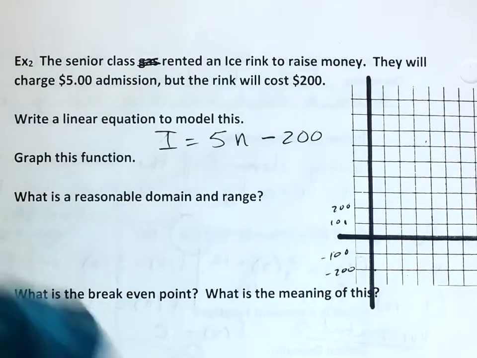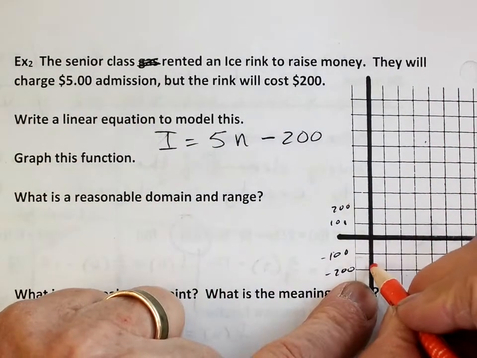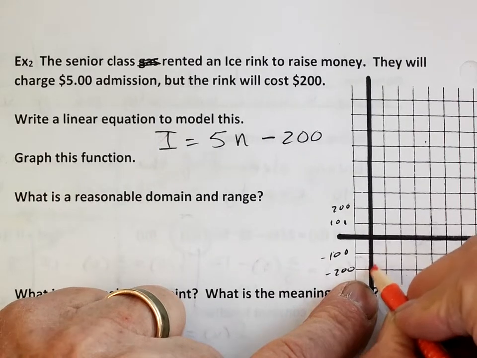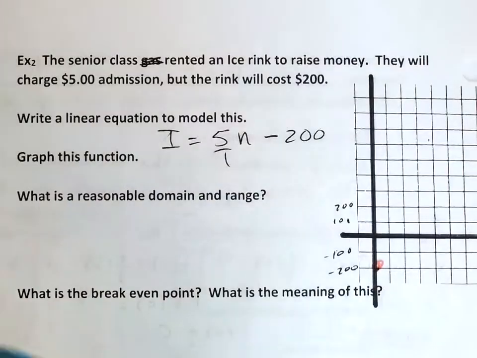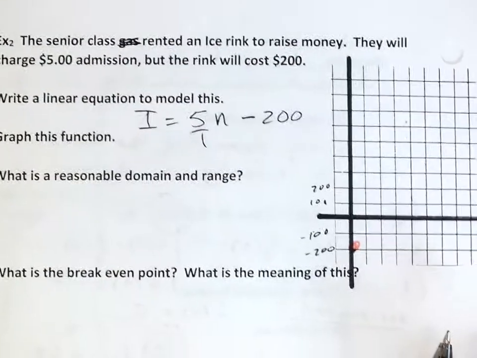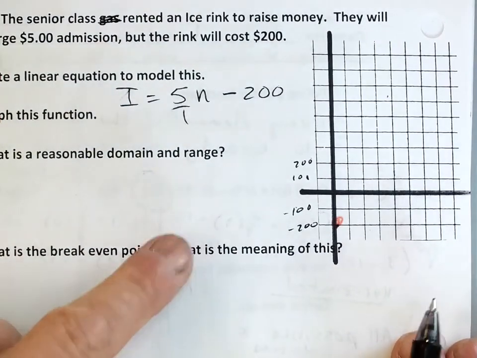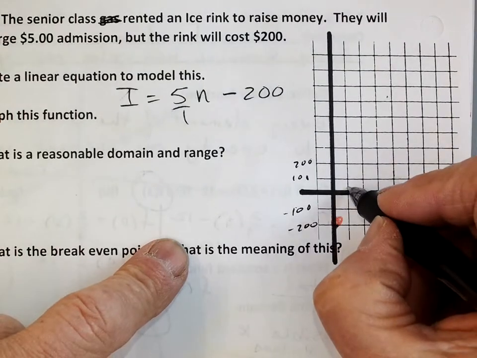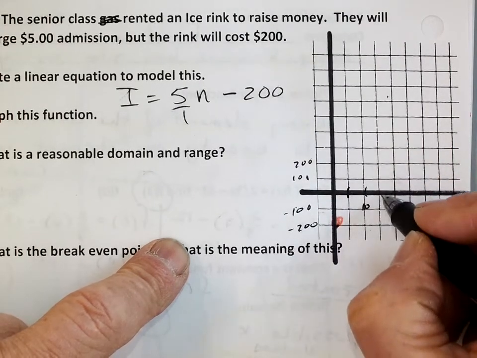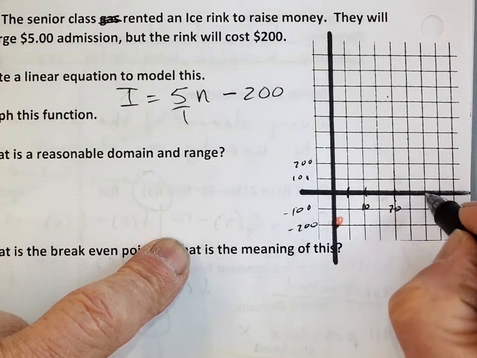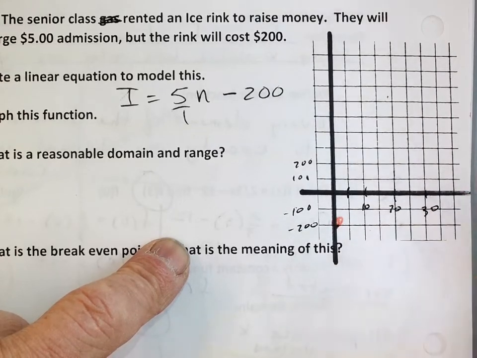So I'm going to put a point here at negative 200. I've got to be careful with my slope. Okay, I've got to be super careful with my slope. If I go by fives, 5, 10, 15, 20, 25, 30, right?